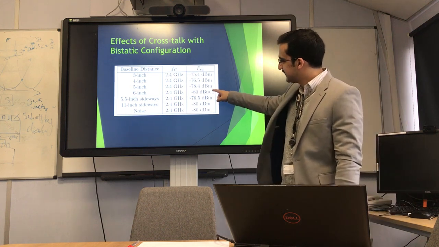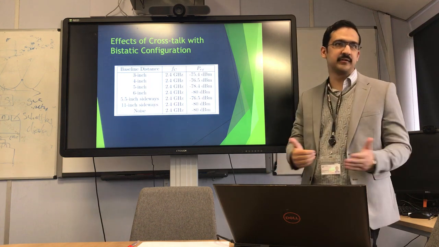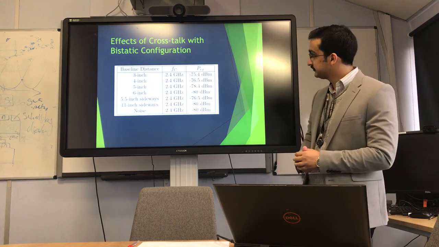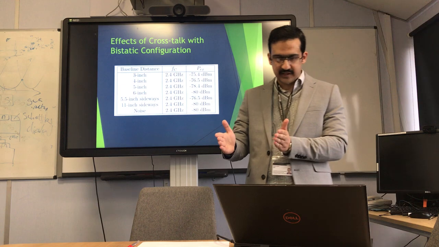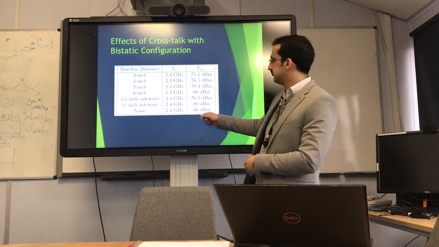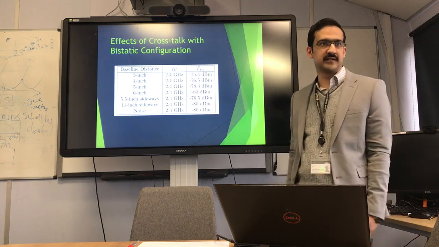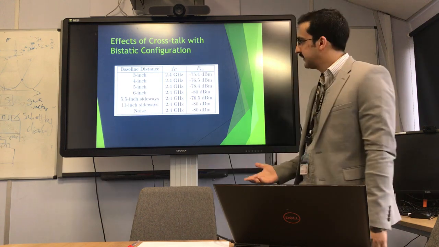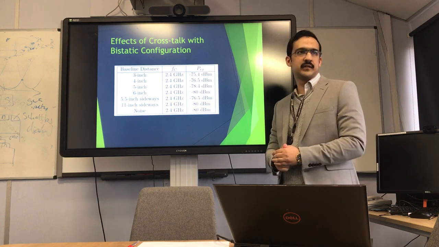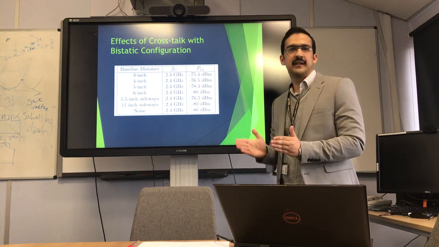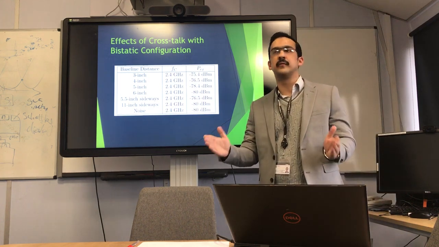You can say that around 6 inches, minus 80 dBm is good enough, which is very close to the noise power. Similarly, if you place two USRPs side by side, around 11 inches it was about minus 80 dB, which is close to noise, and it's fine. So there has to be a certain distance, and for whatever type of device you are using, you have to calibrate and check what is a suitable distance between the two devices in order to avoid the crosstalk.